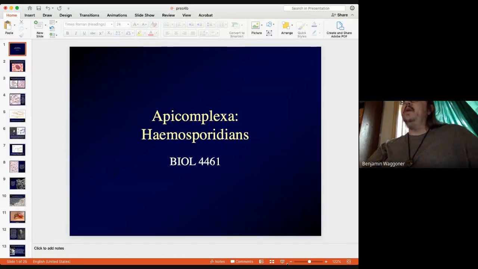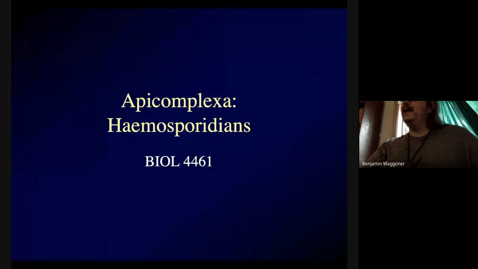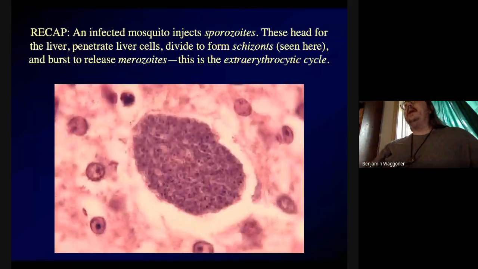Far and away, the one that humanity tends to worry about most is the causative agents of human malaria in the genus Plasmodium. Just to recap, you get these by getting bitten by an infected mosquito, and that injects the infective stage called the sporozoites.